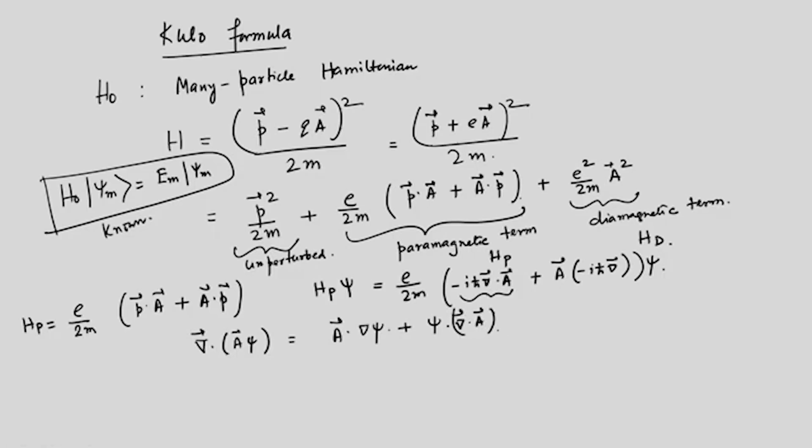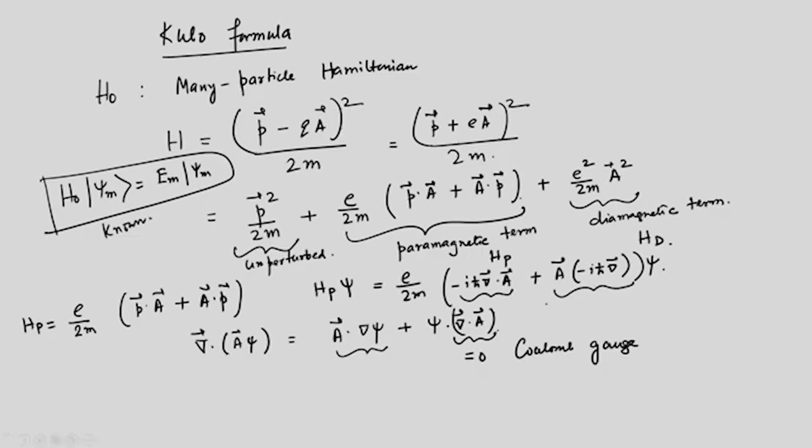Now, you see that there are two terms, and if we consider a gauge where del dot A equals 0, this is called the Coulomb gauge, and in this Coulomb gauge it is only left with this term, which is the same as this term. Okay.